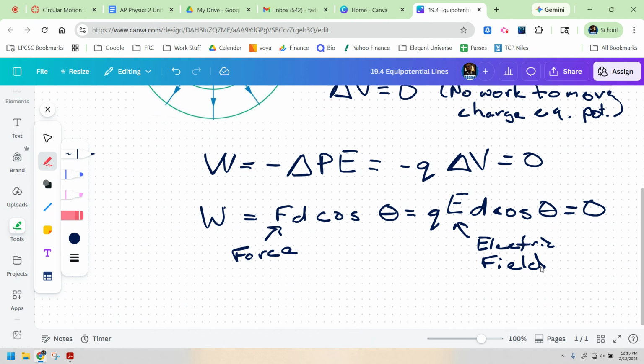And so neither Q nor E nor D is equal to 0. So cosine of theta must be equal to 0. So in other words, this will have a value, this will have a value, this will have a value, this will have a value. So the only thing that zeroes this out is cosine of theta.